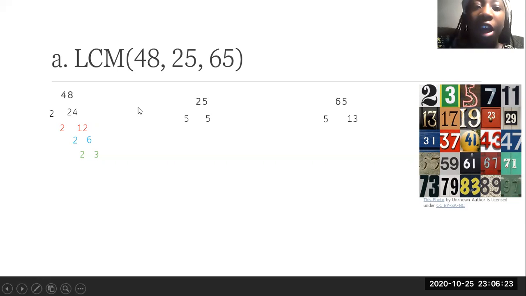So technically, our answer will have 5 to the second power because 5 is repeated in both terms. So we'll only count it once because it's repeated once in here. So 1, we could count it as a row, basically. And then we'll have another 5. So our answer will be 5 to the second power instead of 5 to the third power. And then we have a 3, and then we have a 13. So that'll be our answer.